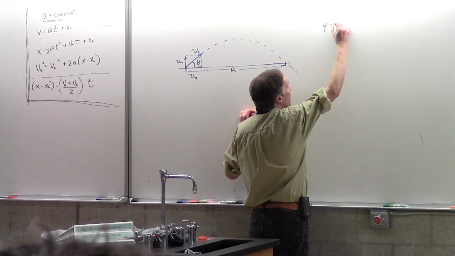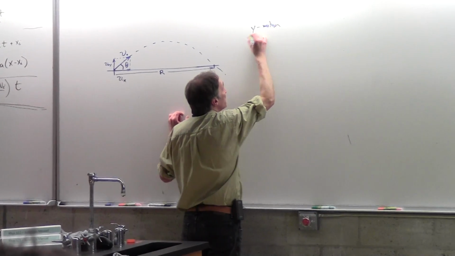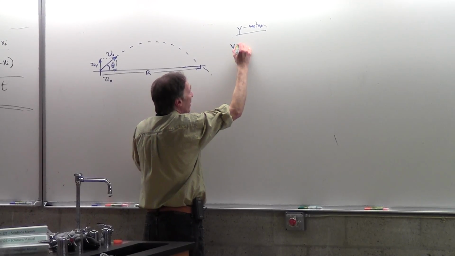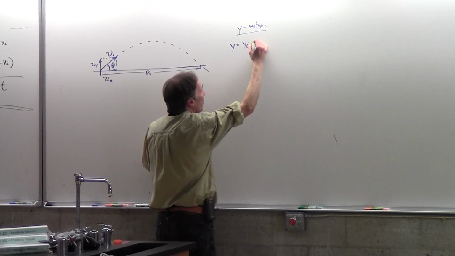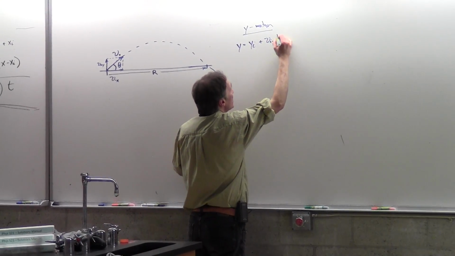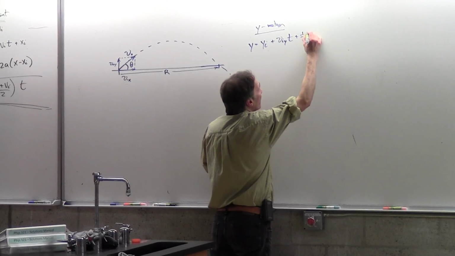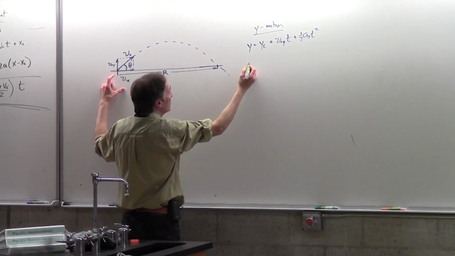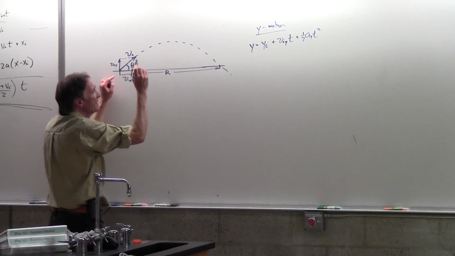So with this y motion, I'm going to write the generic one: y is equal to y initial plus the initial velocity in the y times time plus 1/2 a in the y t squared. What I want to do is get the time that it's in the air.